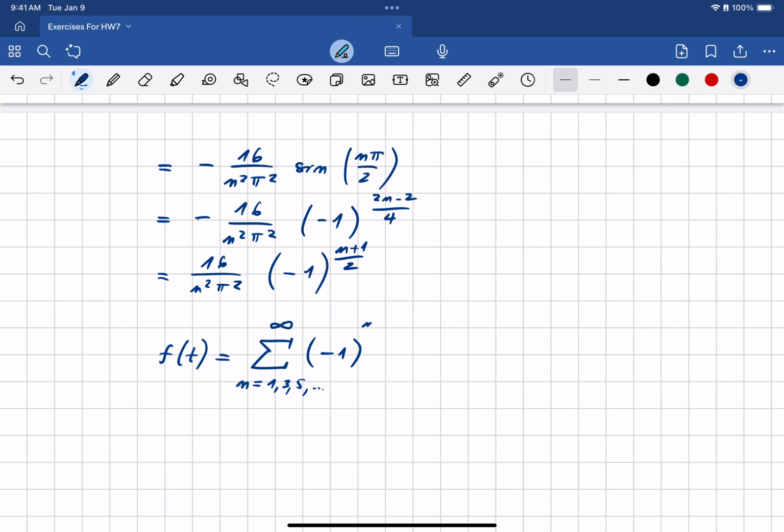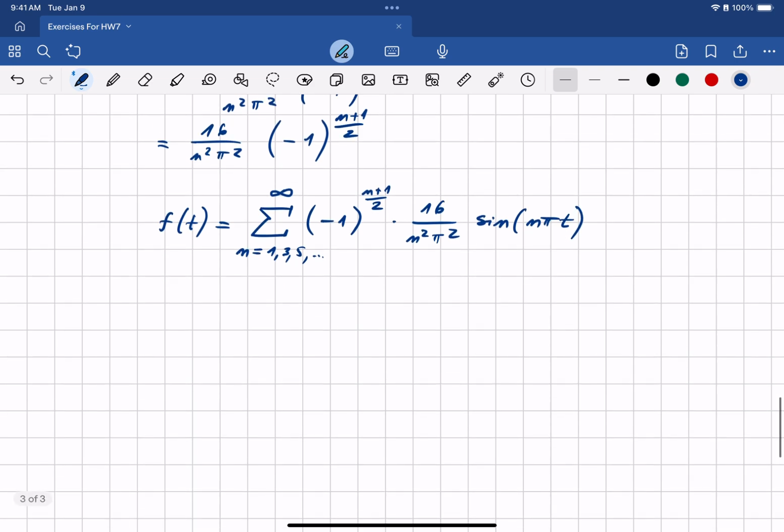So it's going to be n plus 1 over 2 times 16 over n squared pi square times the sine, right? Sine of n omega naught, which in this case is pi t.